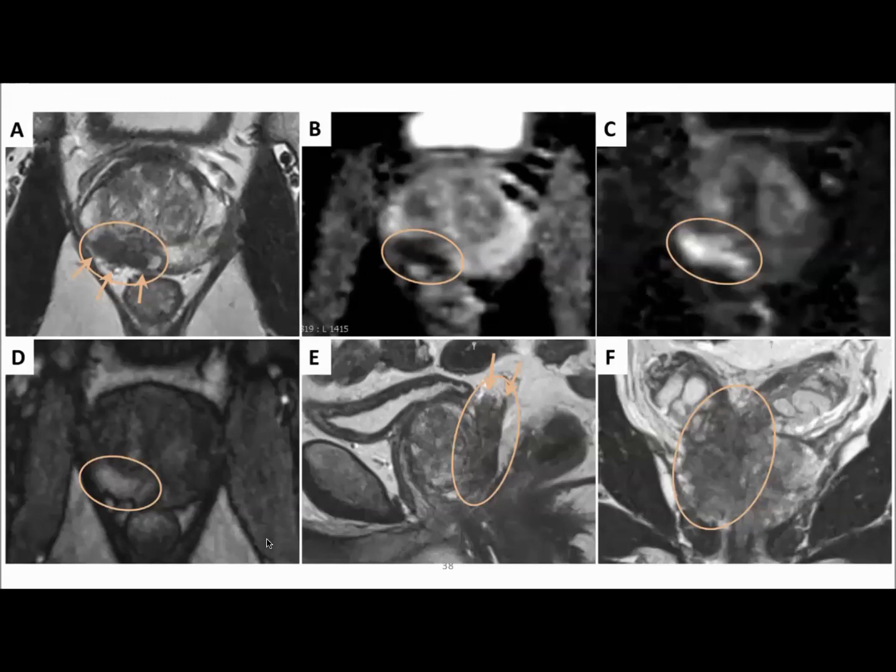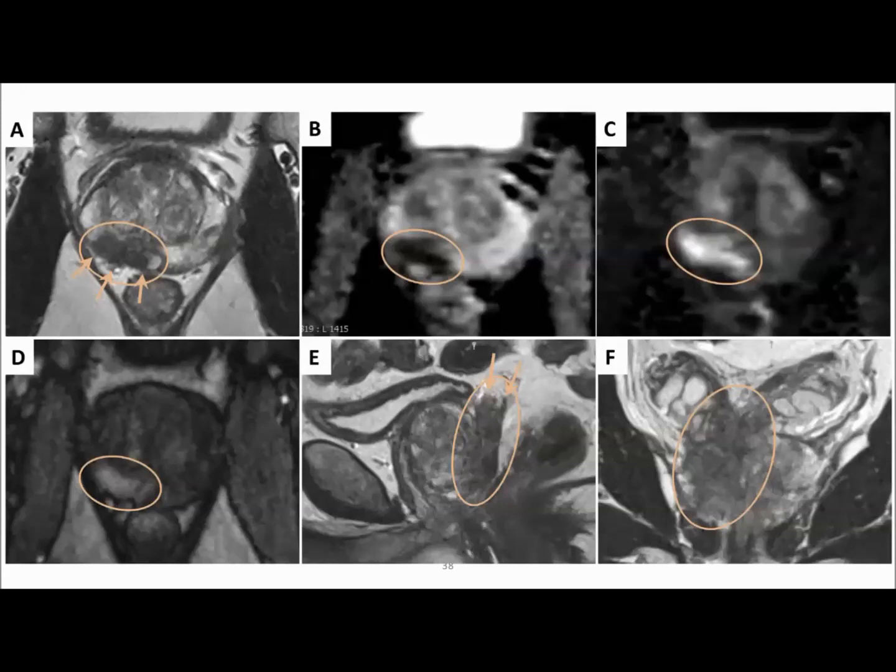And if we further look at the inferior images, in image D, we can see on dynamic contrast enhancement there is enhancement which corresponds to the abnormality that we have seen in the DWI, ADC, and T2 weighted sequences. Number E is the sagittal weighted sequence, and number F is the coronal weighted sequence of the same abnormality, where we see that there is capsular bulge.